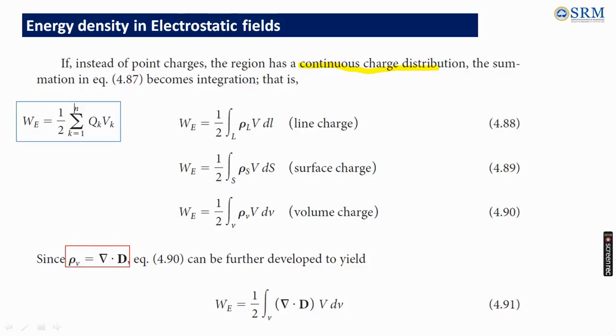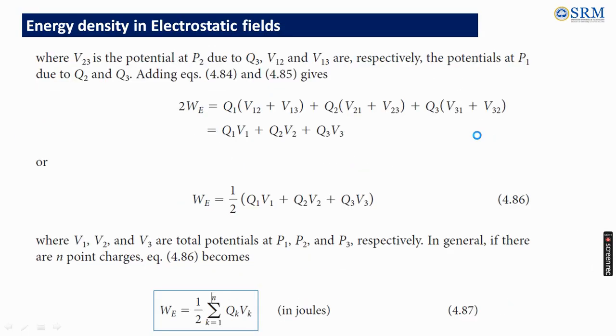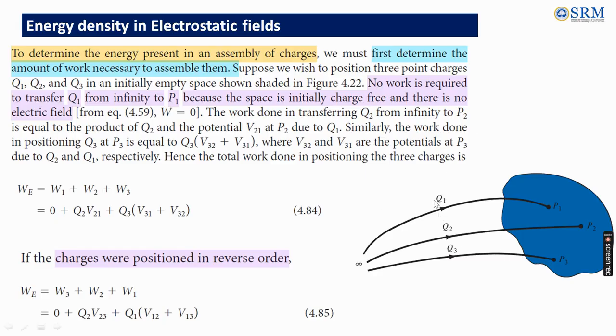Let us now recap the two slides that we discussed so far. To find the electric energy density in electrostatic fields, we started with moving the charges. Three point charges we have considered, and we are moving the charges in order from infinity to a point in a space where there are initially no charges.